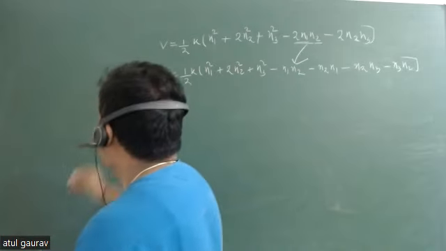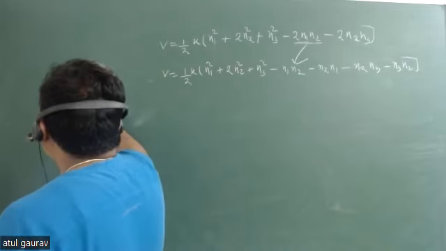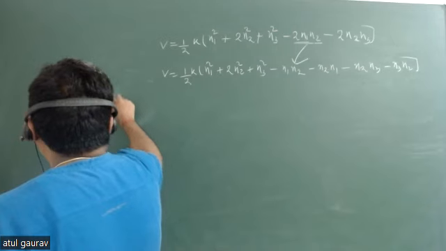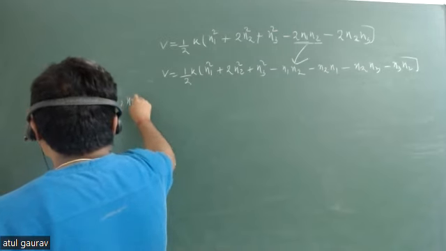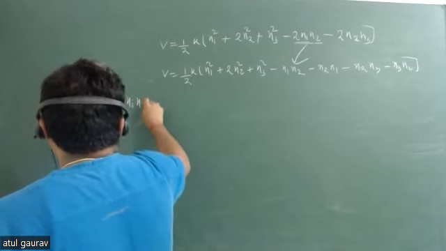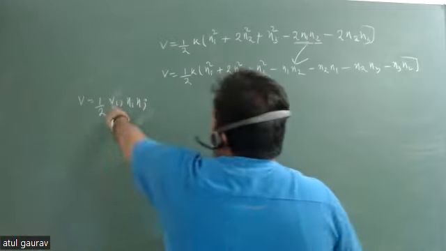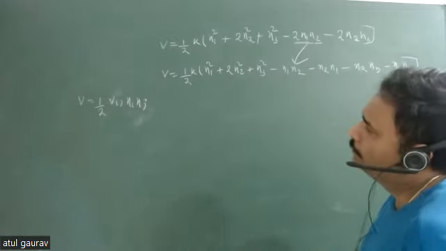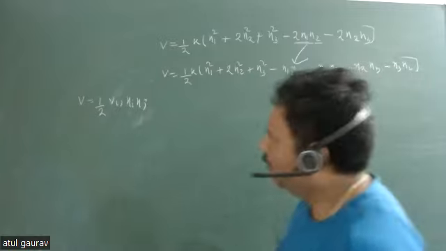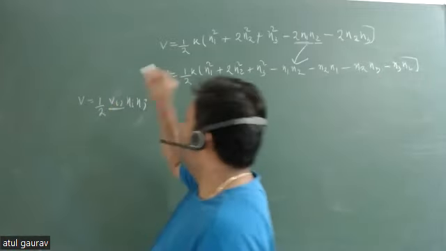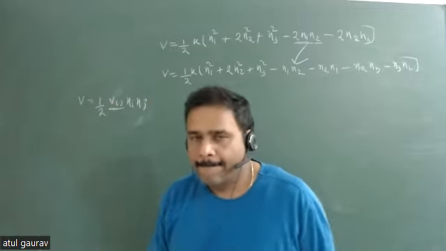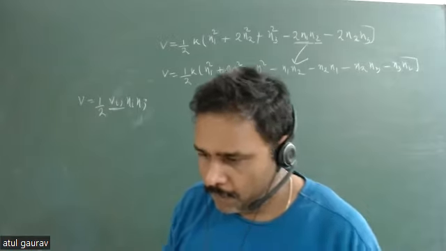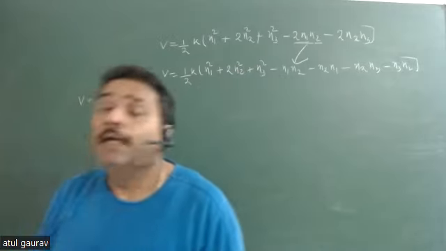Look very carefully. What is my V matrix? Half Vij eta i eta j. And what is Vij? Can anybody define what Vij is? Matrix element.